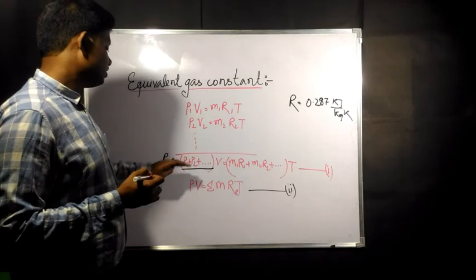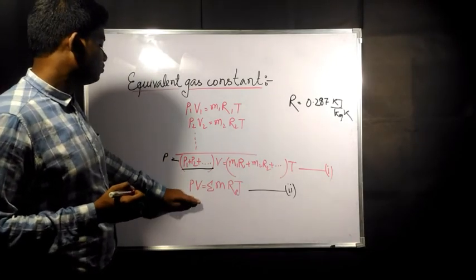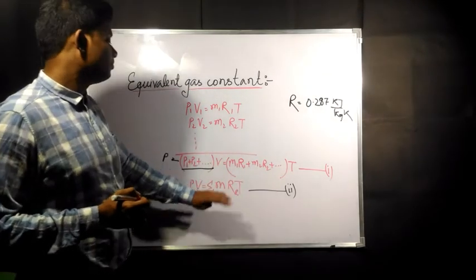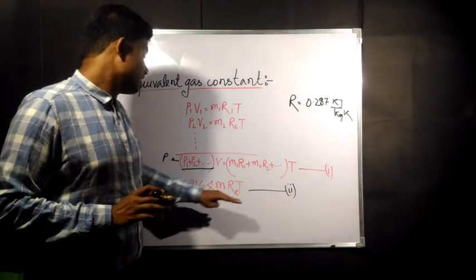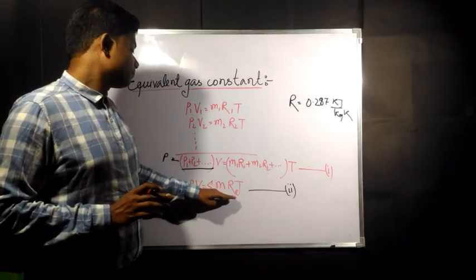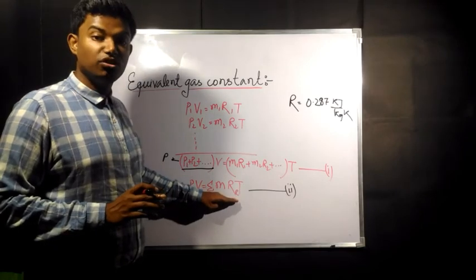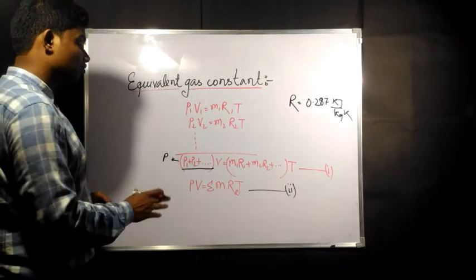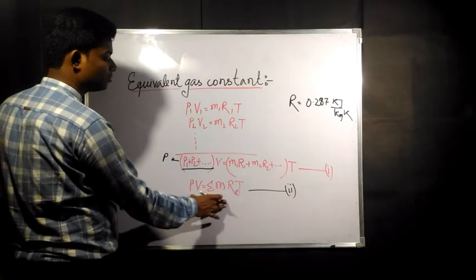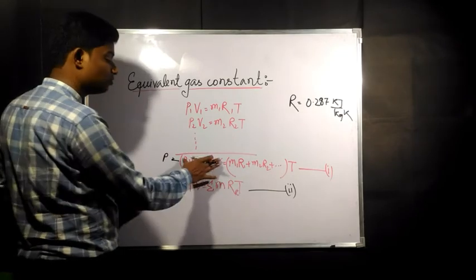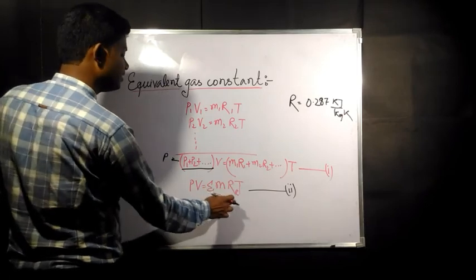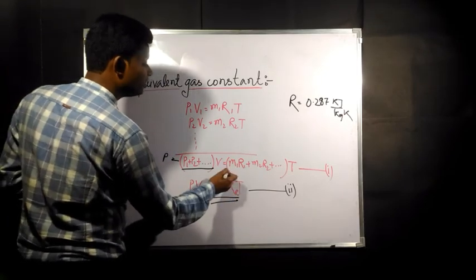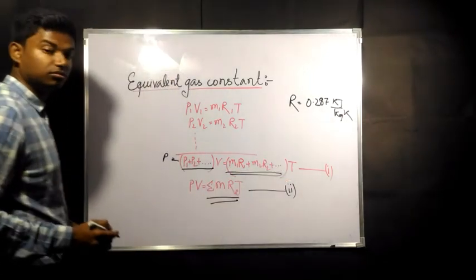So P and V are the same, and T is also the same. The only difference we find is between this summation and the summation of m into R equivalent. For the two equations to be equal, these two things must be the same.